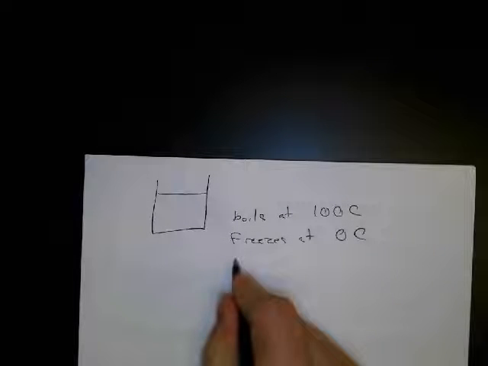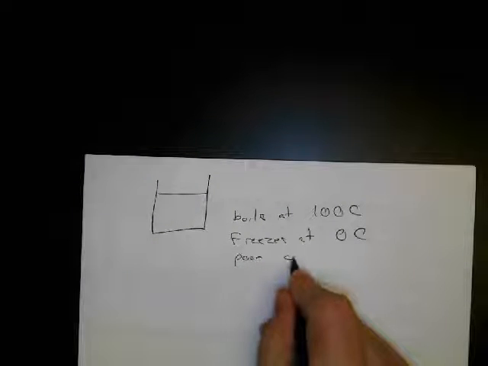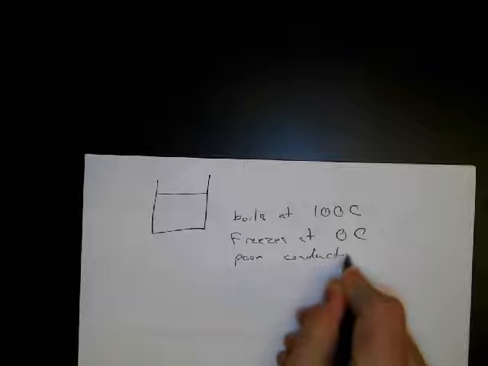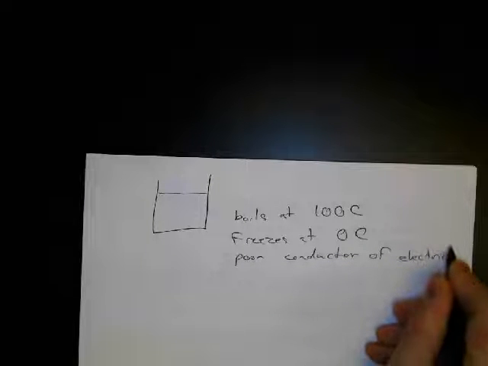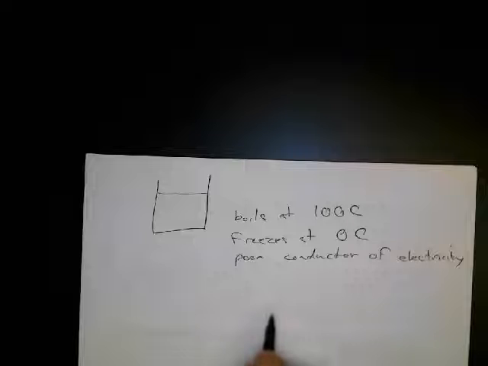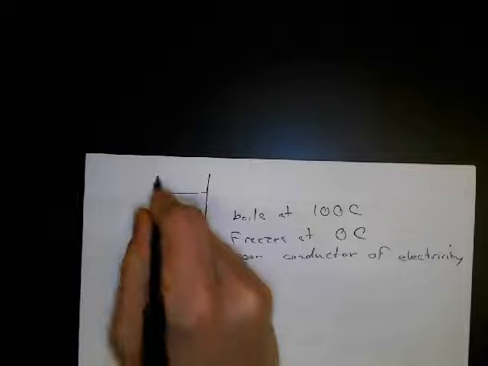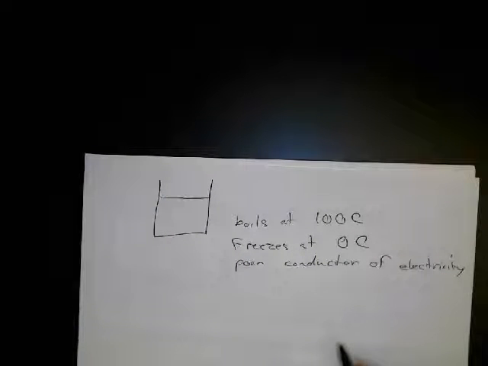And pure water is a very poor conductor of electricity. And I know that might sound counterintuitive because everybody tells you to avoid going into the water when there's a lightning storm.